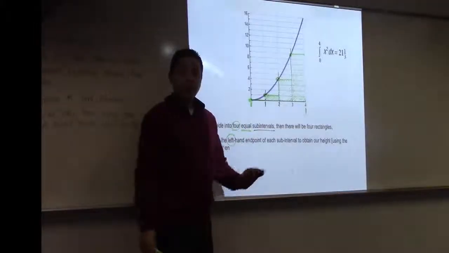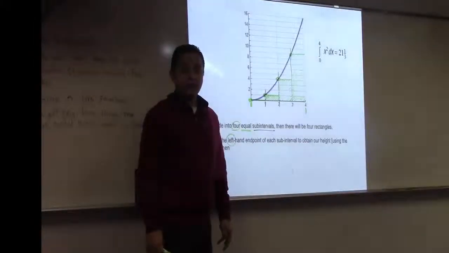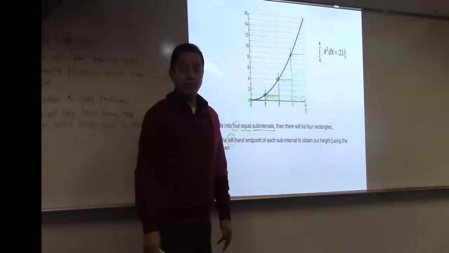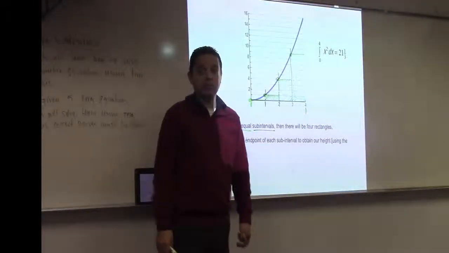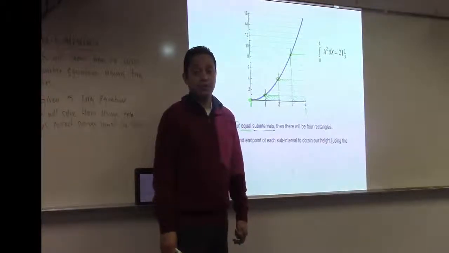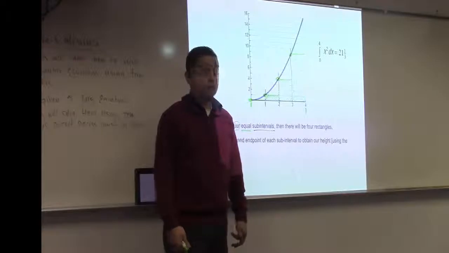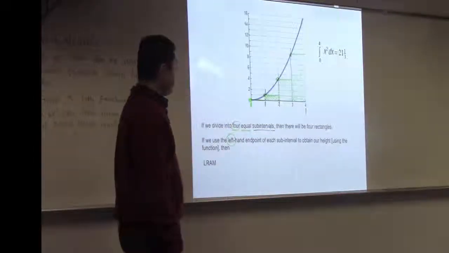You would be computing the areas for each particular rectangle. You're going to sum them up, and you're going to say, this is my approximation for that particular integral. That's the best that I can do with the information that you have provided. Okay? And that is it.